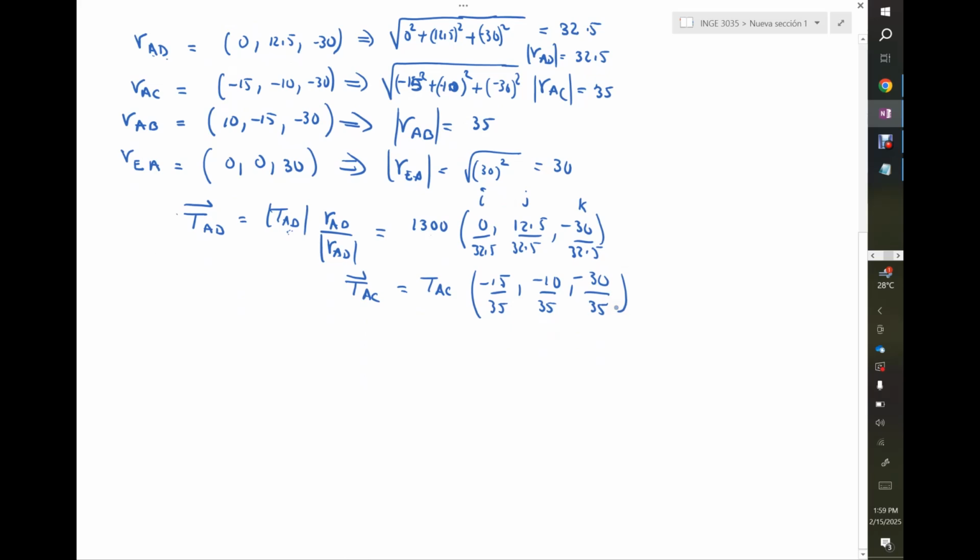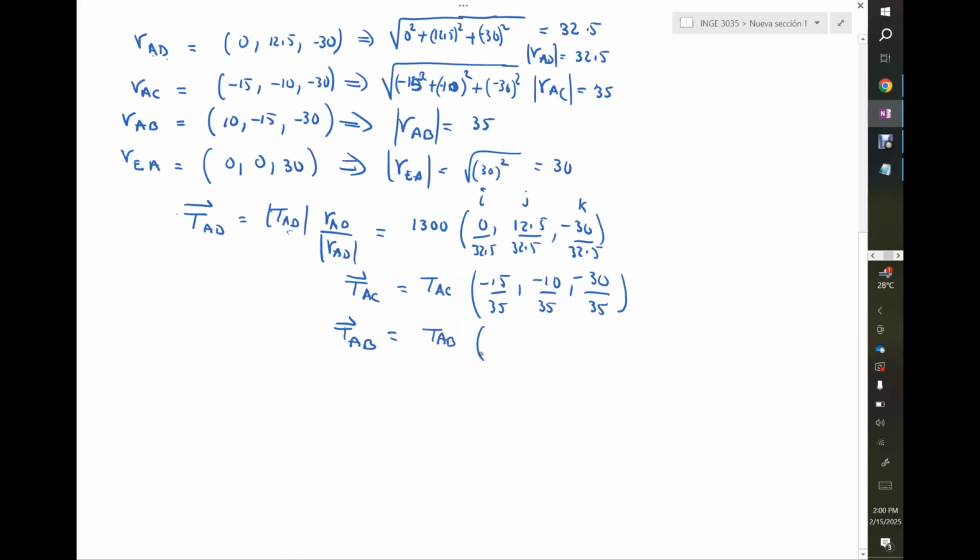We close here, so that we have the TAC vector, and we do the same with TAB, and that would be the magnitude of TAB. I'm not putting this like this. I could certainly do that, but this is a vector, meaning that it has position x, y, and z, but this is magnitude. All right.